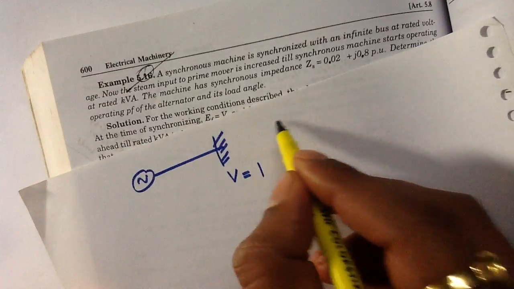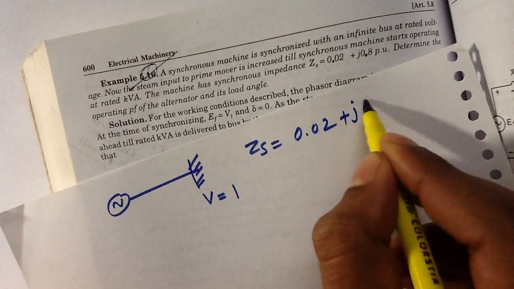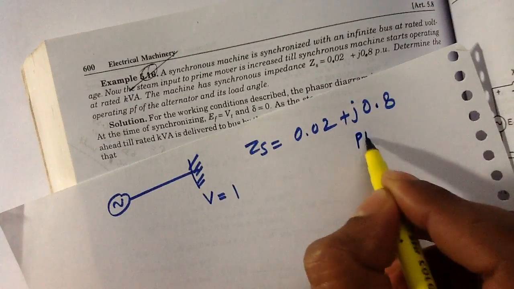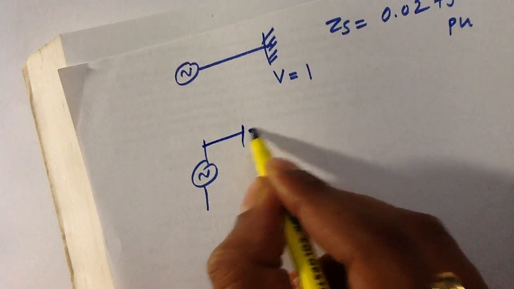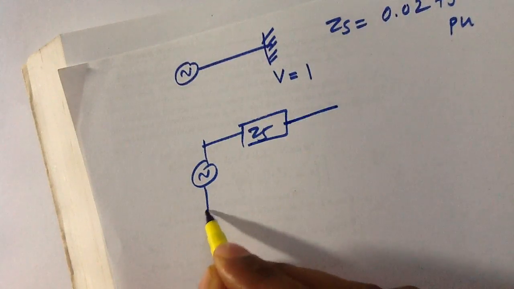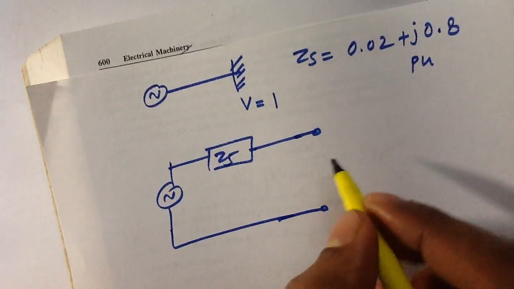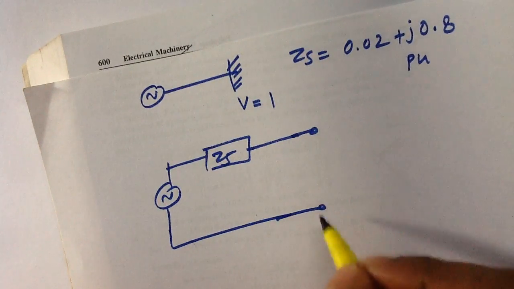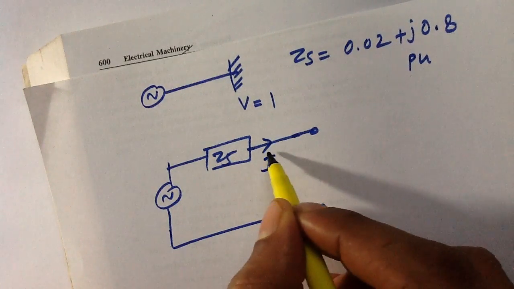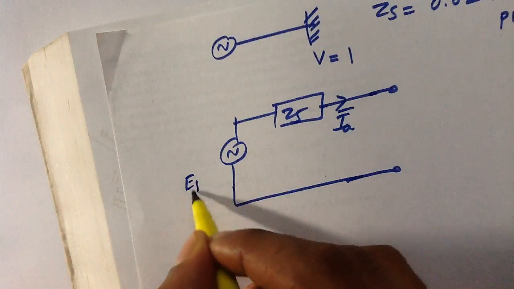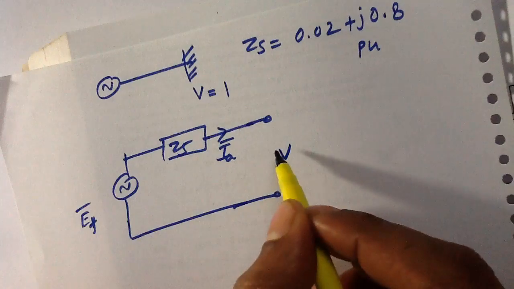The synchronous impedance is given as 0.02 plus j0.8 per unit. You can make the diagram in this way. This is the synchronous impedance and this is connected to the infinite bus. Here is the infinite bus, and this alternator is delivering current IA. The internal EMF of the machine is EF and the terminal voltage is V.